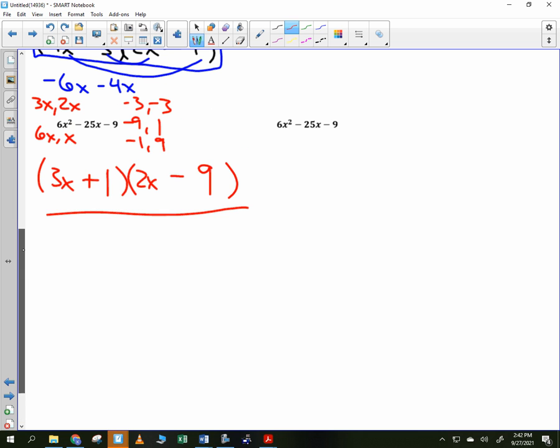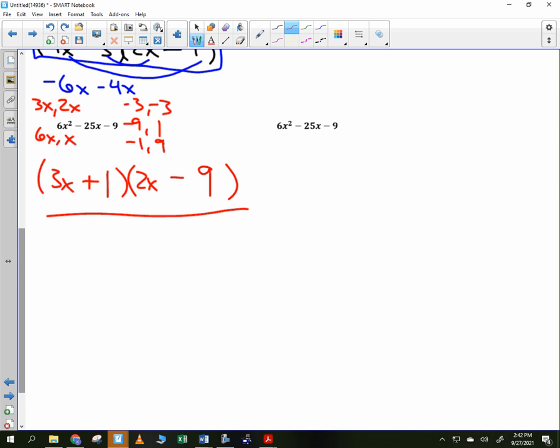For those that are curious, it is 3x plus 1 and 2x minus 9.